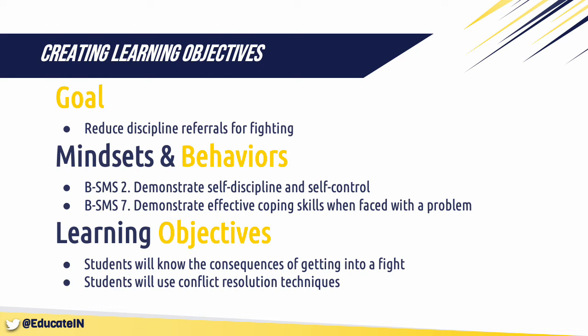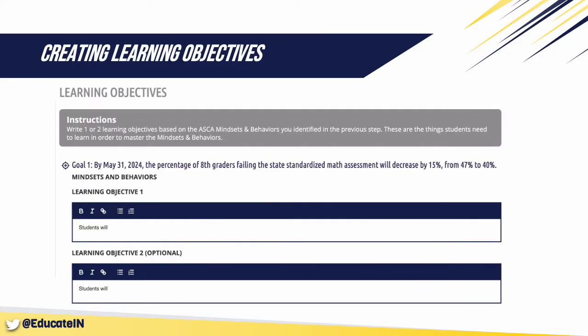These will be our learning objectives. Make sure to identify and enter a learning objective for each one of your mindsets or behaviors. It's best to limit your learning objectives to 1 or 2 for each mindset or behavior. Remember, we identify mindsets and behaviors and create our learning objectives before we create strategies, interventions, or activities. We will discuss those in the next video.